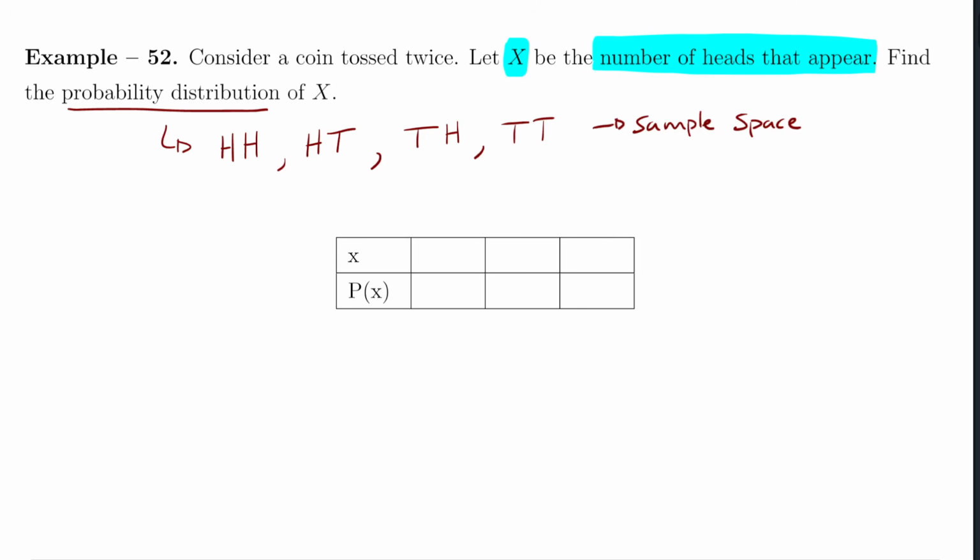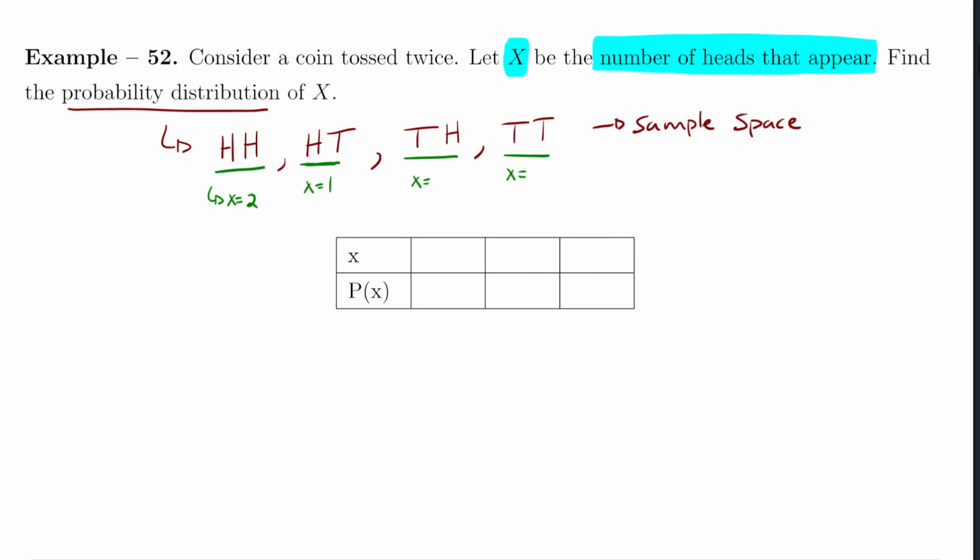If we list this out, this is our sample space of all possible outcomes, and we can start to relate the sample space to X, the number of heads that appear. So for this first entry, this corresponds to an X of 2 because there are 2 heads appearing. For this next entry, this would be an X of 1 because there's exactly 1 head. For the remaining 2 entries, identify what value of X they correspond to.